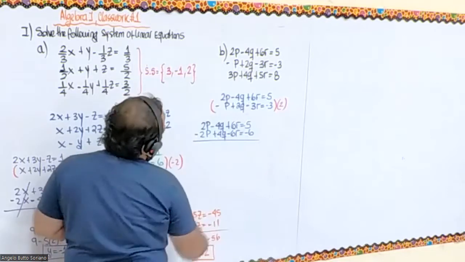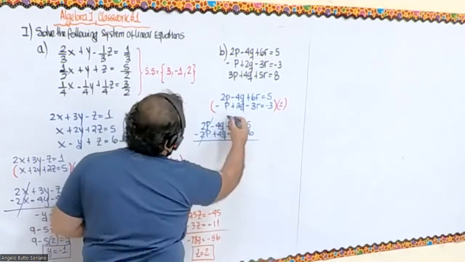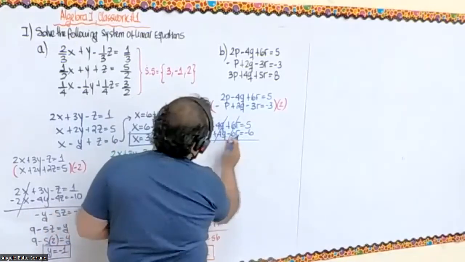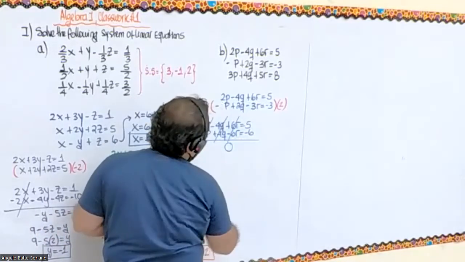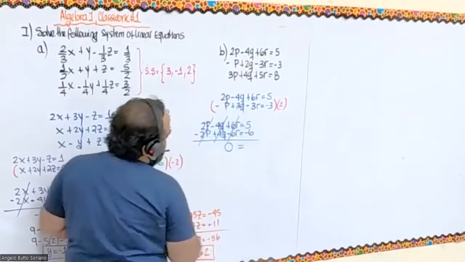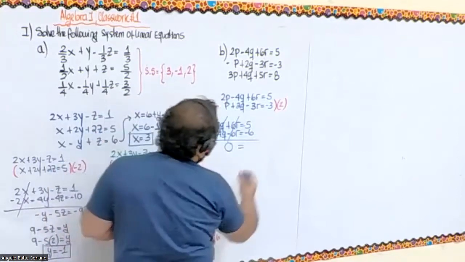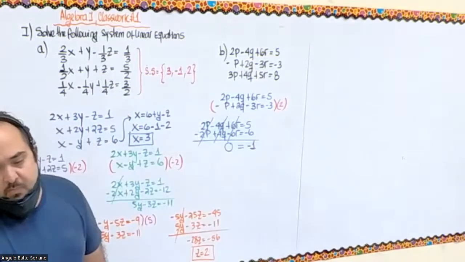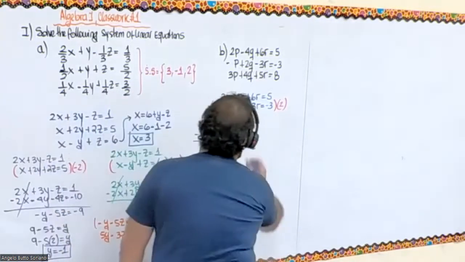Let's see what happened. 2 minus 2 cancel, 4 minus 4 cancel, 6 minus 6 cancel. What does that mean? The left side is supposed to be equal to 0. Equals what? -6 plus 5 is -1. Is this true? 0 equals -1? Of course not.